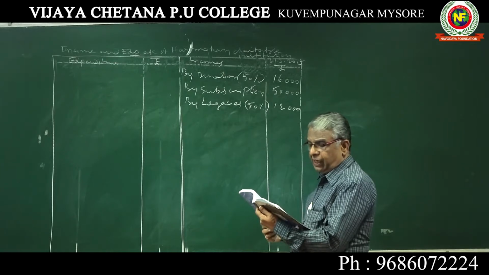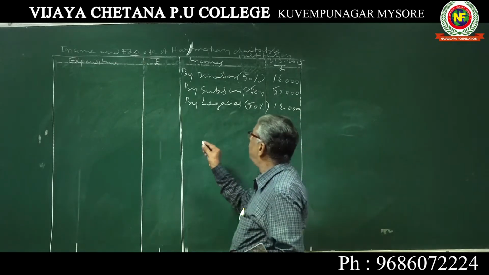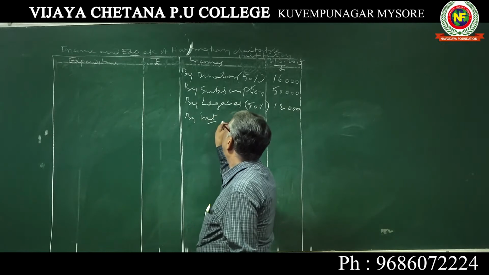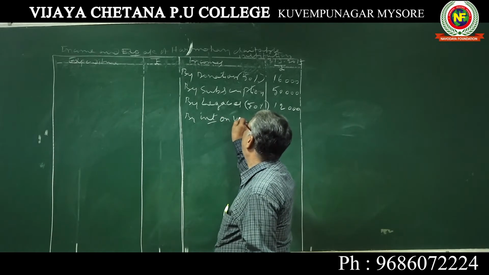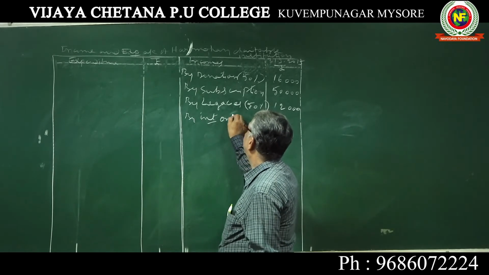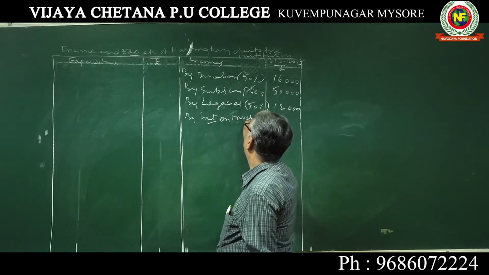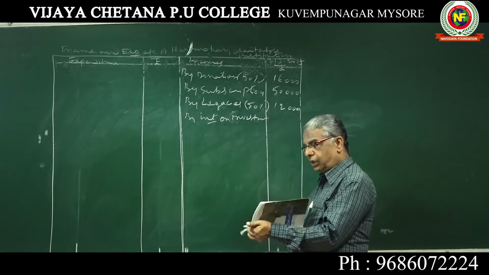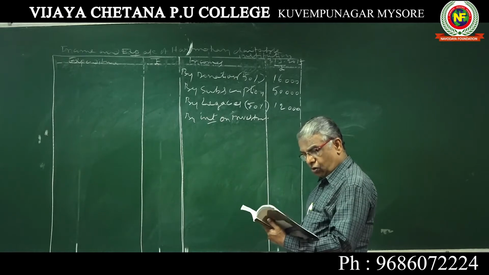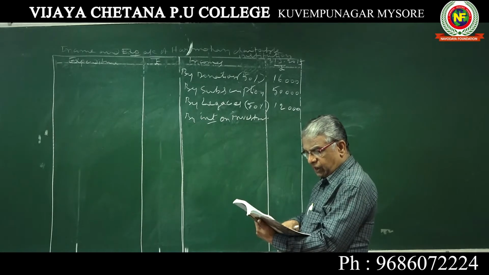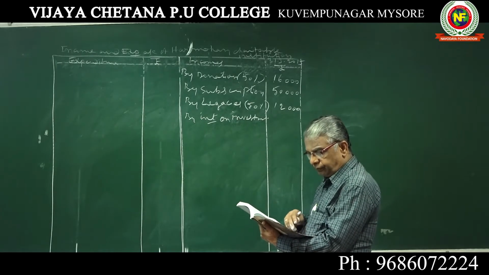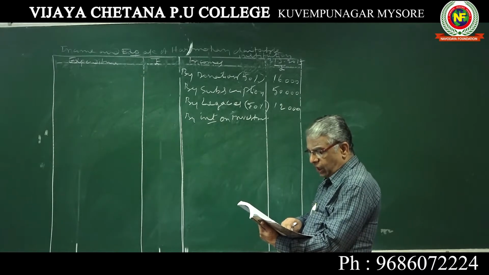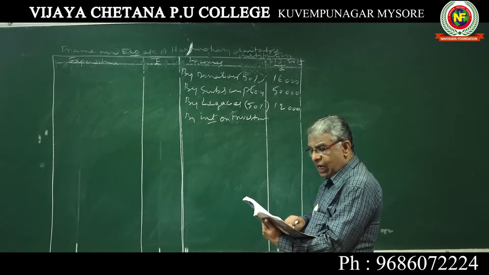Next one is interest on investment. It is also an income. Regarding this interest on investment, one adjustment he has given, adjustment number 3: rupees 2,000 due for interest on investment was not actually received.